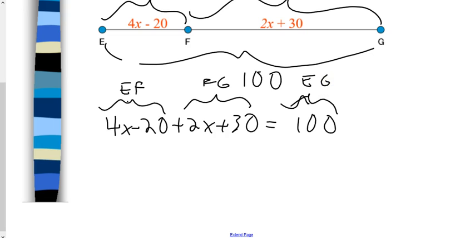Okay, again, you don't have to write like that when you do it on your practice or test, but for the notes, just so you look back and remember that this makes sense, now we're just going to combine like terms. 4x plus 2x is 6x. 30 minus 20 is 10, or negative 20 plus 30 is 10. Equals 100.